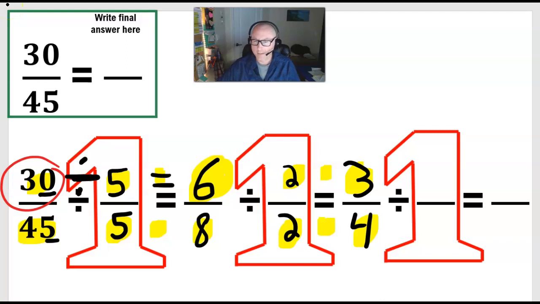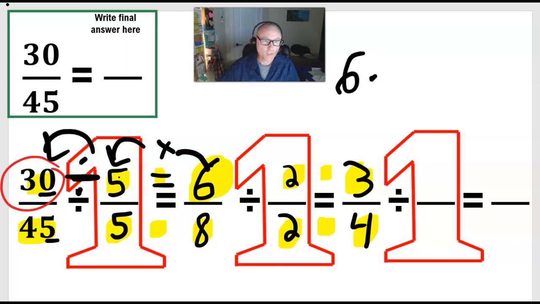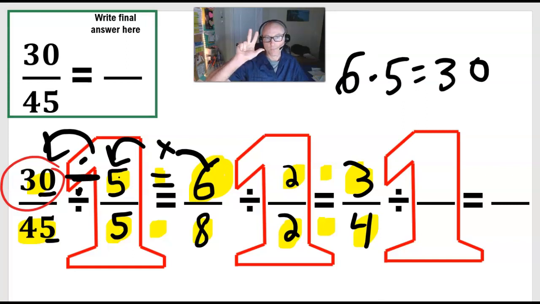And I didn't do that. Is 30 divided by 5 6? I think so. If that's the case, then 6 times 5 should be 30. I'm going to be really careful here. 6 times 5 equal to 30. 5, 10, 15, 20, 25, 30. That's one of my favorites, counting by fives.